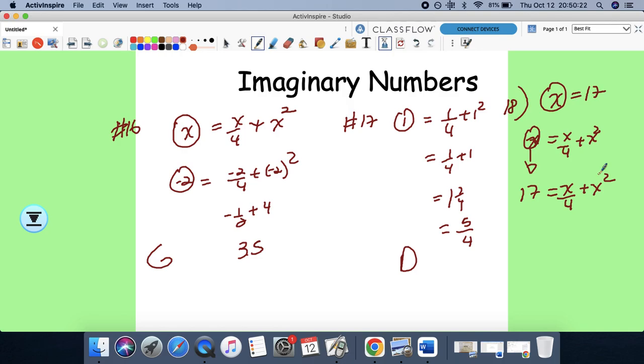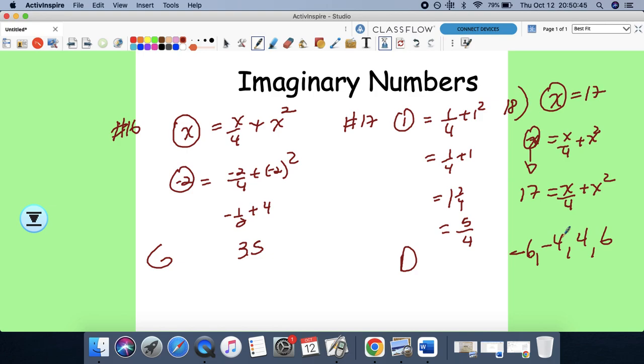So now you're going to plug in. You've got choices negative 6, negative 4, your multiple choice choices. So let me try negative 6. Negative 6 divided by 4 is negative 1.5, and then plus negative 6 to the second power, which is 36.